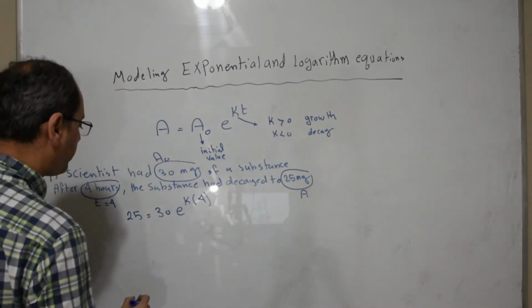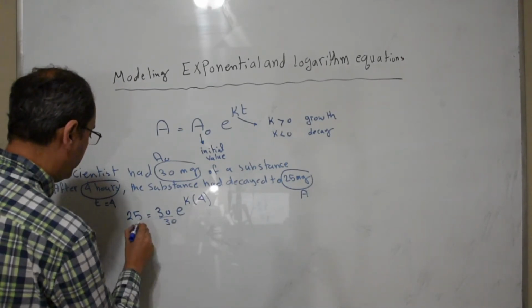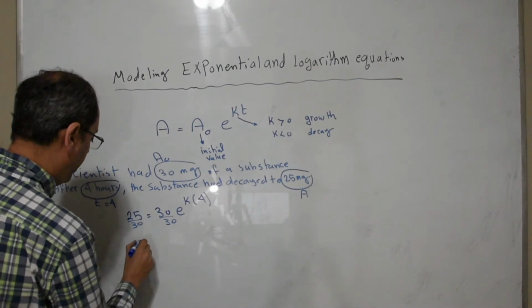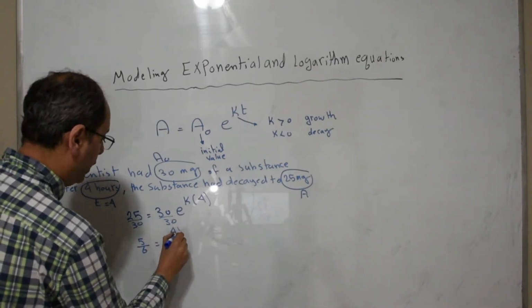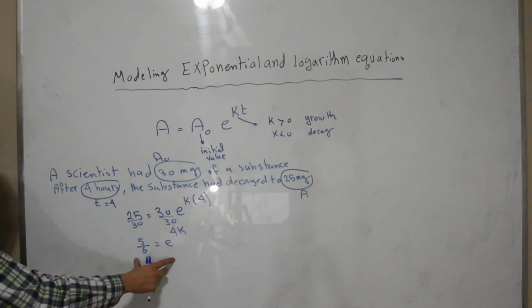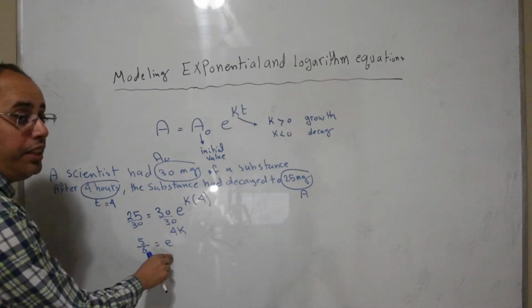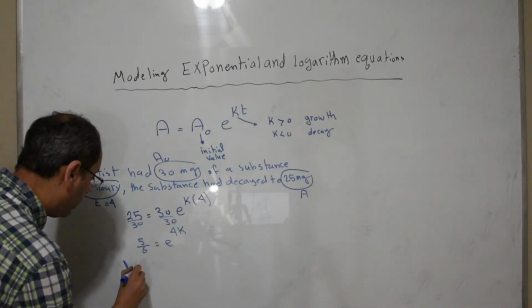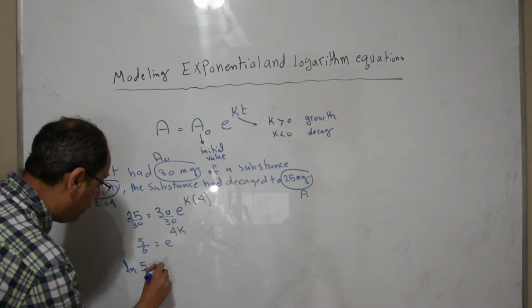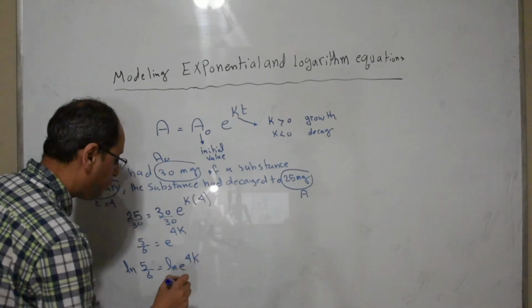Now, first of all, I divide by 30. I have 5/6 equals e to the 4k. Again, I'm going to use the natural log. Whenever you see e, use a natural log. So I have the natural log of 5/6 equals the natural log of e to the 4k.